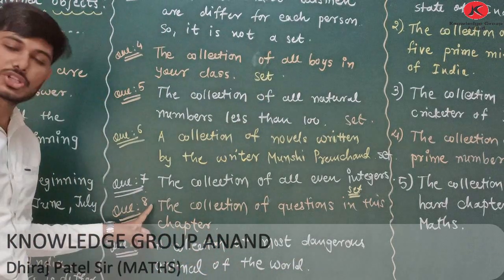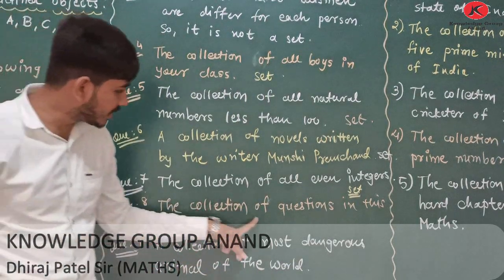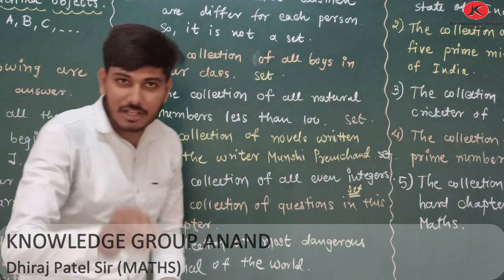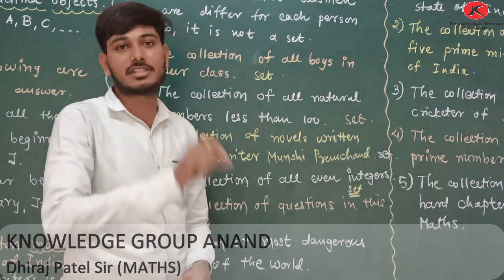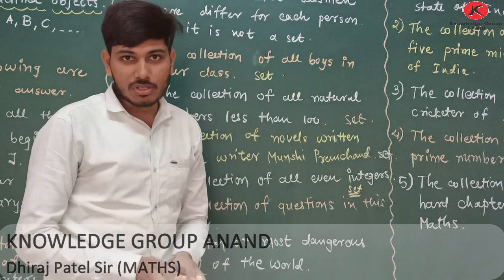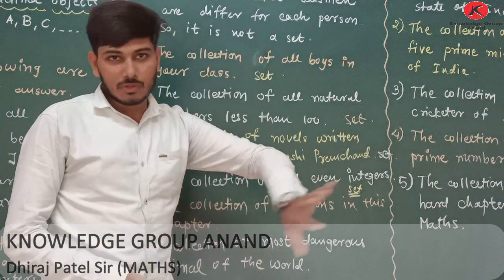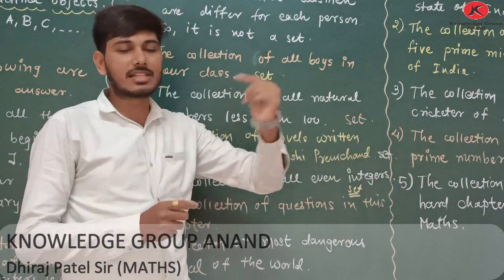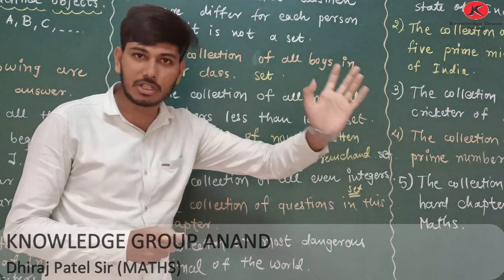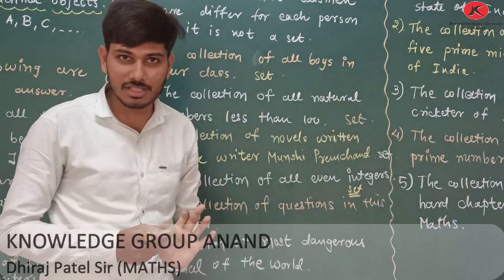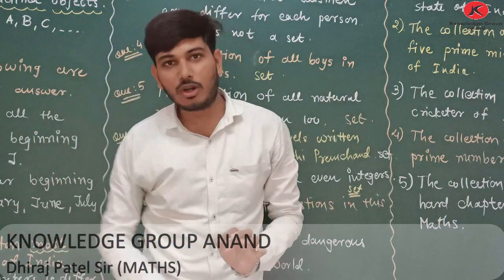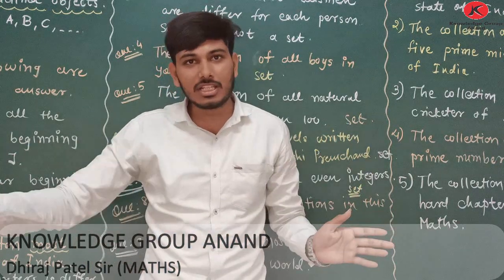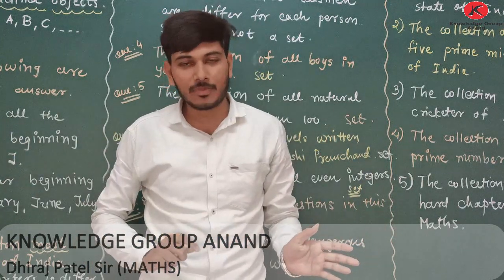Now, question number 8. The collection of questions in this chapter. Suppose one student counts the questions in this chapter, and the answer is 53 questions. If another student also counts these questions, it is 53 for him or her.